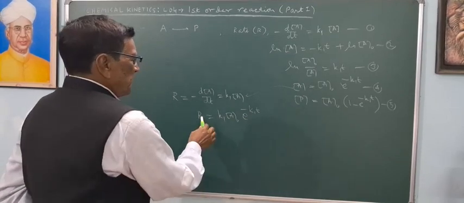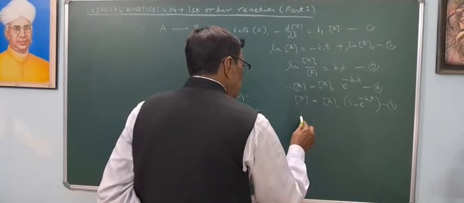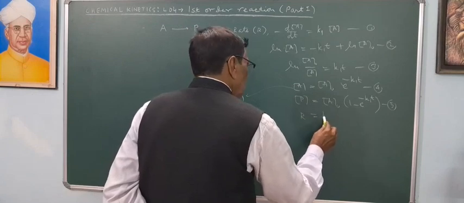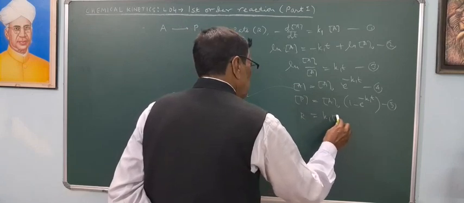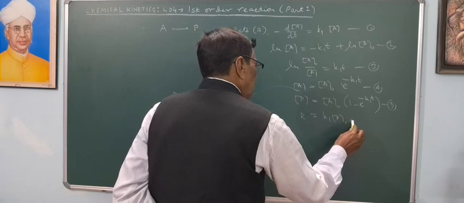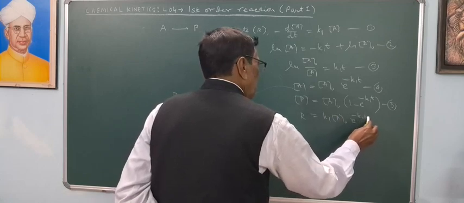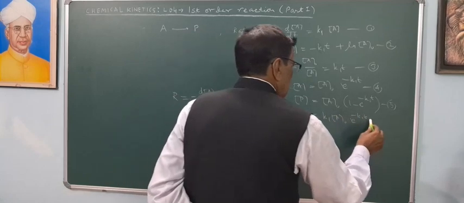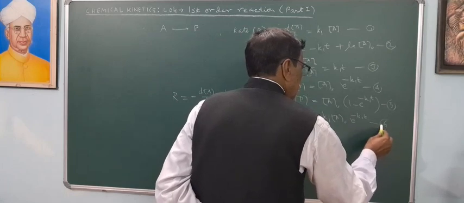So this is the rate. This is also another equation, R equal to K1 and concentration of A naught into e to the power minus K1T. So this is equation number 6.